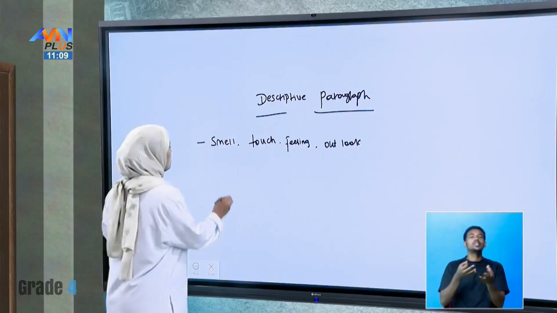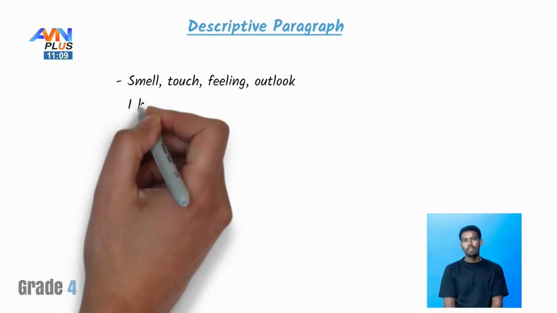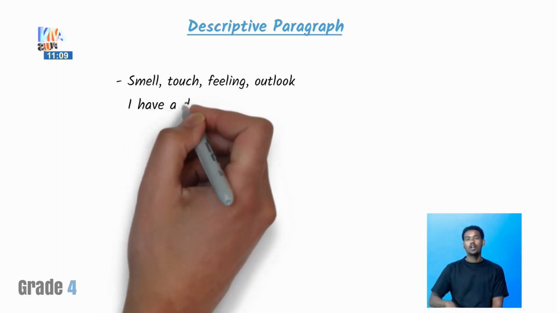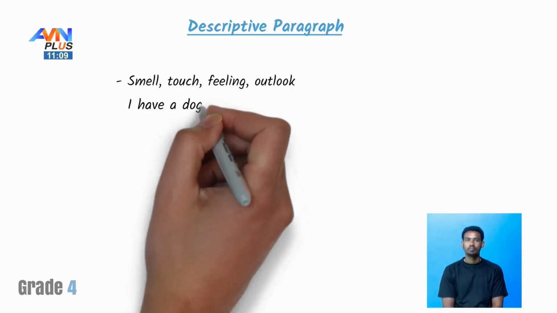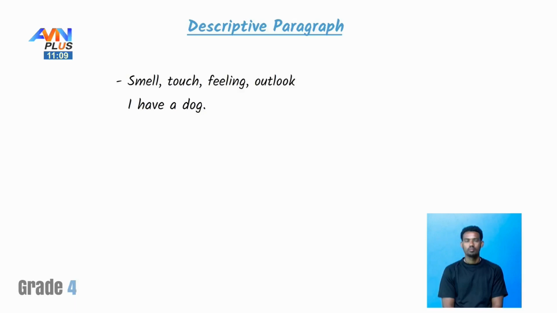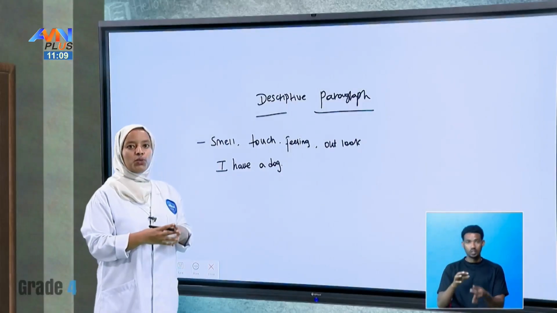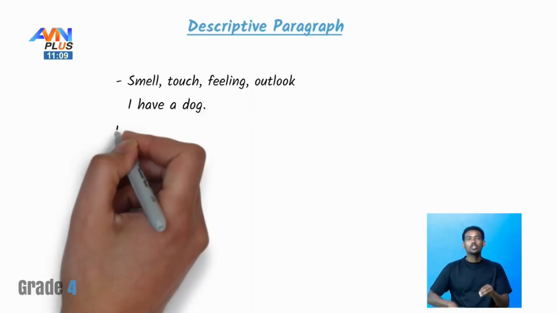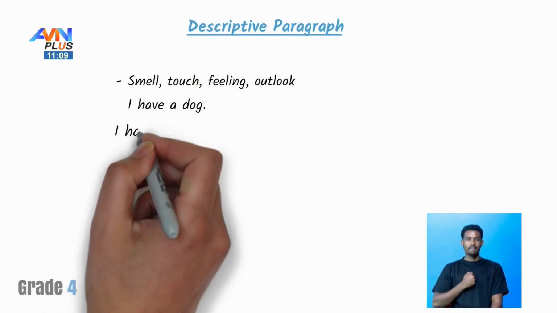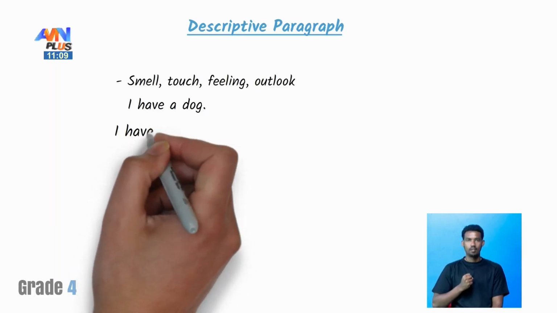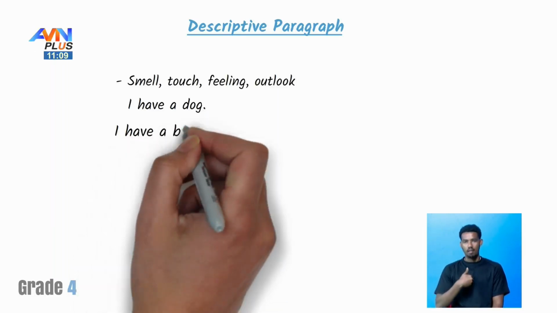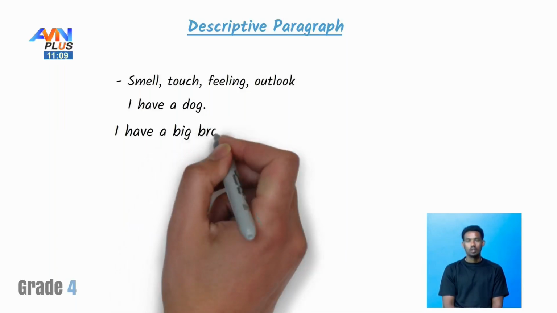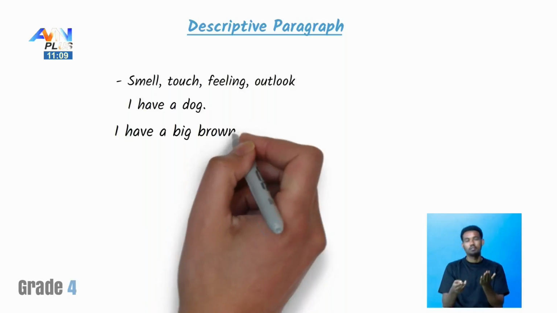For example, here is: I have a dog. So this is a sentence. Let us change it into a descriptive one and let me tell you more detail about the dog. So we can say, I have a brown and big dog.